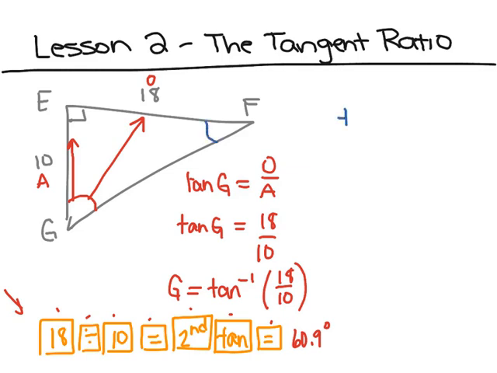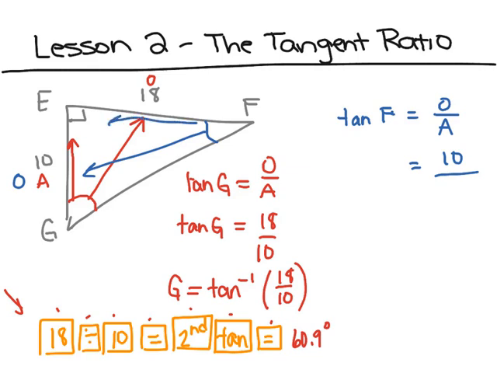So we want to find the tan of F. Is our opposite over adjacent. So opposite F is 10. And adjacent to F is 18. And we're finding the tan of F. To move tan to the other side, we go tan to the -1 of 10 over 18.